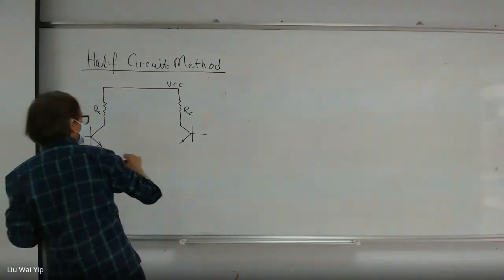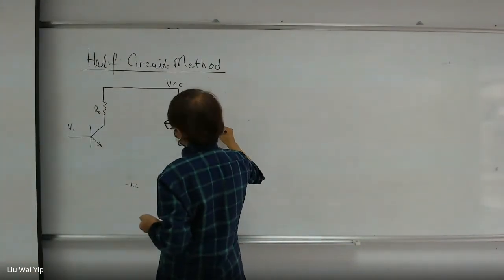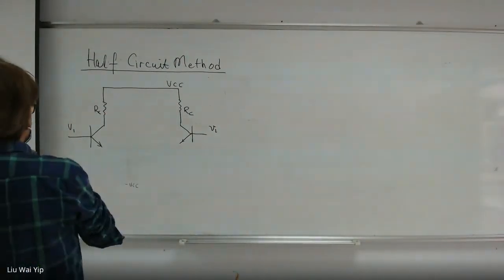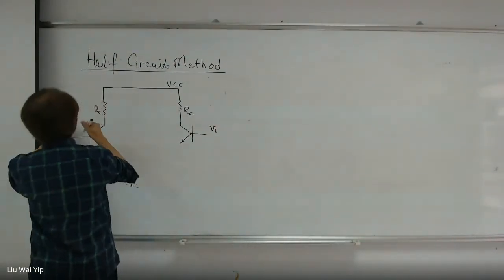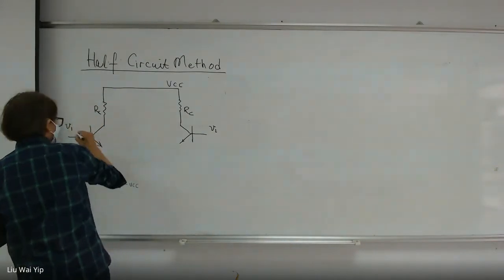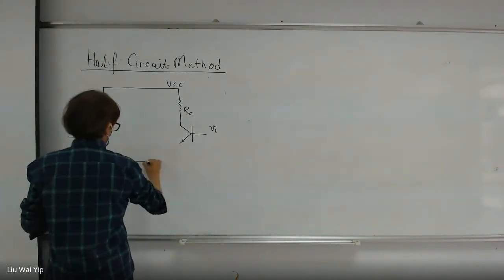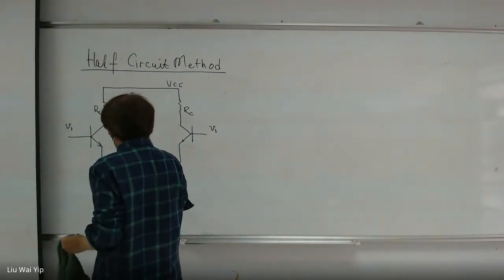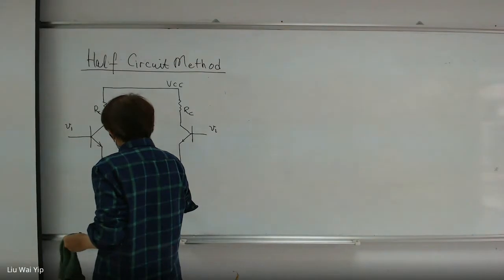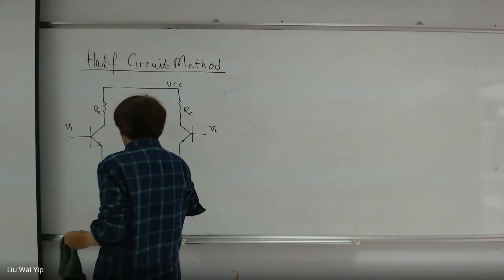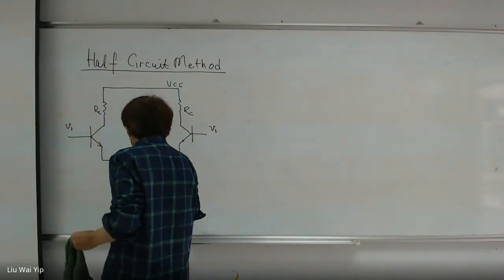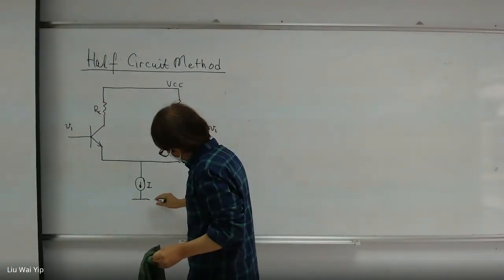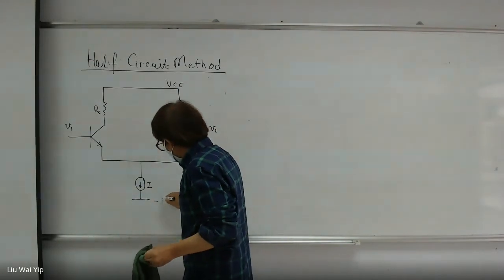We have the inputs v1 and v2, and we are focusing on the small signal, so I just use small letters. And you have a current source here. The current source is supposed to be I. And the voltage supply here should be minus VCC.